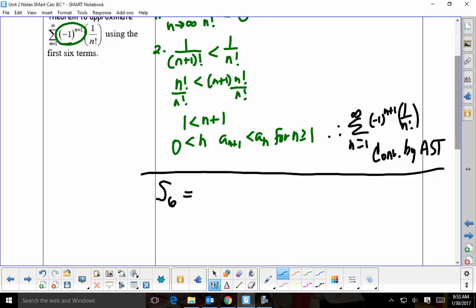So we're going to plug. We're going to use this guy to help us, right? The whole thing. Plug 1 in. What's a sub 1? 1. Negative 1 to the squared times 1 over 1 factorial, which actually is 1.